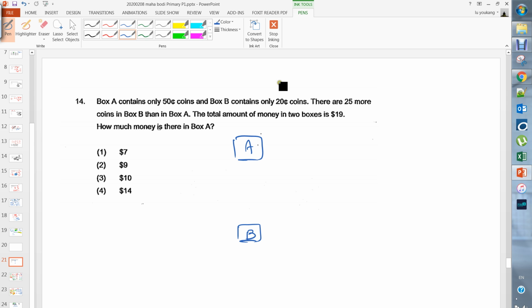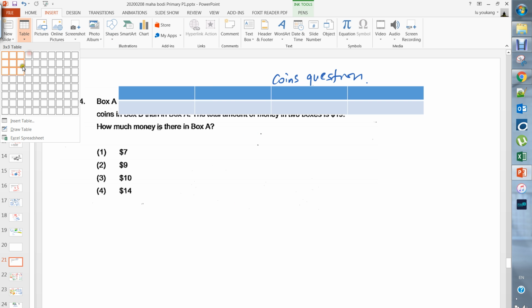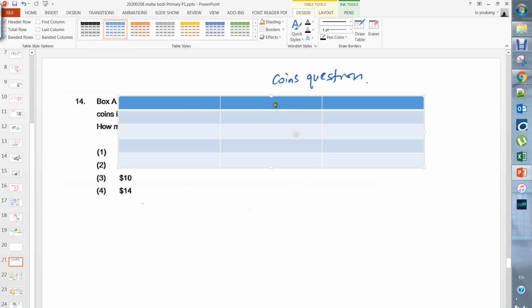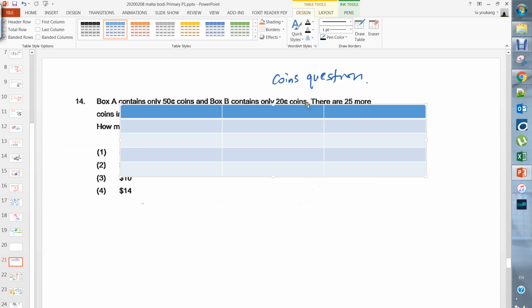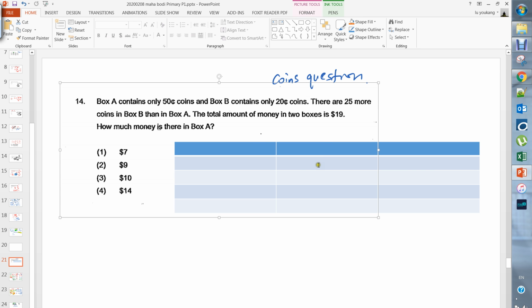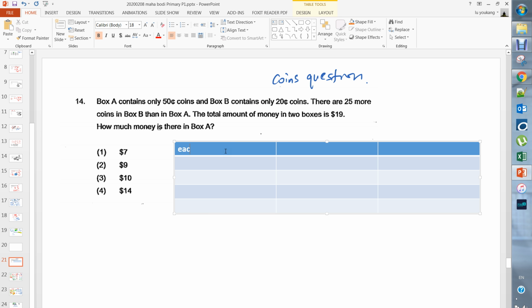Remember, when it comes to coins questions, I want to use the table method. So this table means this is the each, this is the number, and then this is the total.